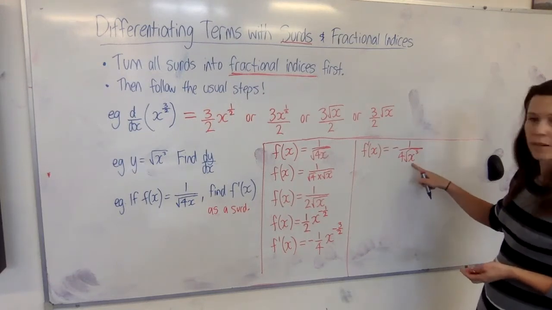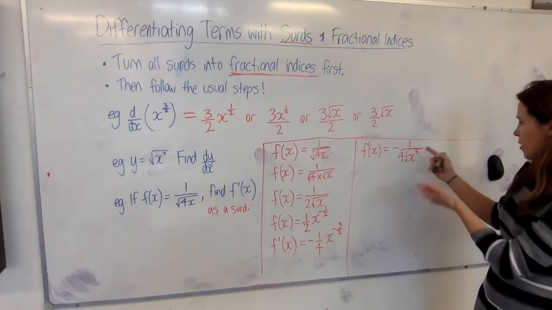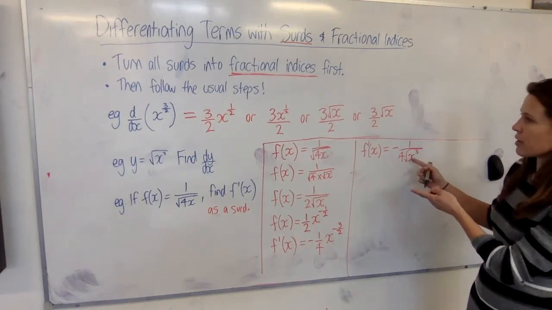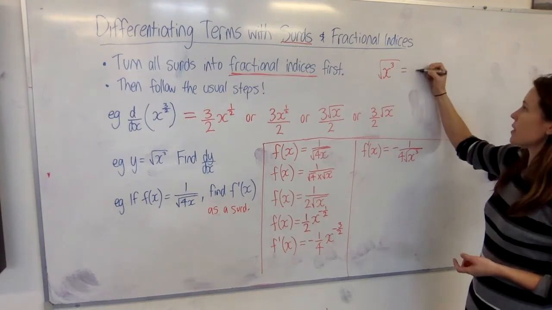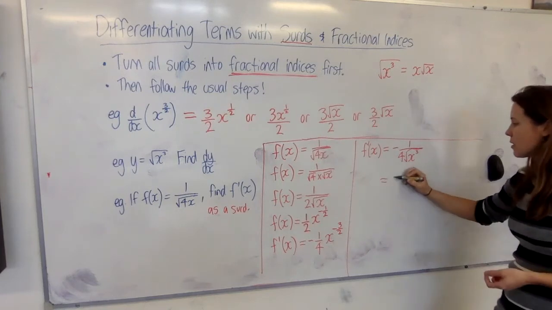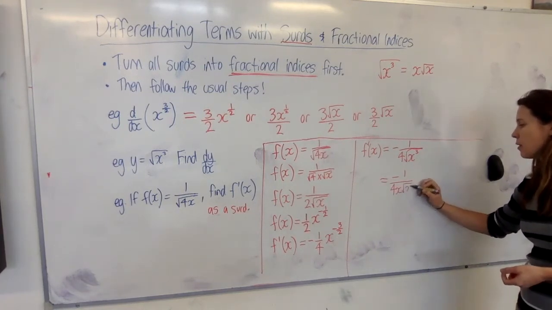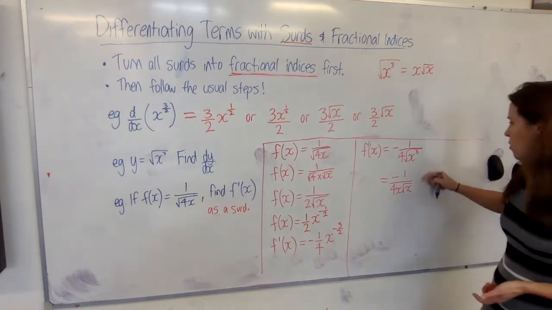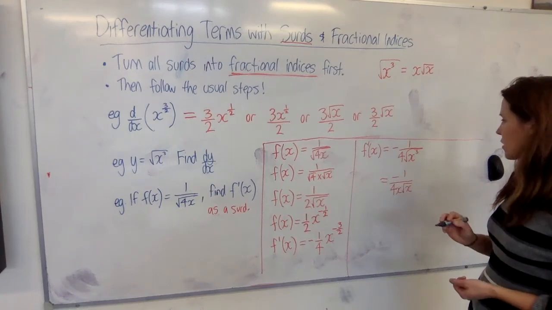And that's a perfectly acceptable way of doing this. It has perfectly good meaning. Don't forget we've already seen that x cubed, all inside a square root, is the same as x times root x. So it wouldn't be wrong to write it as minus 1 over 4x root x. Which one's better? Well, whichever one you've come to first, really. Either of them is acceptable as a finished answer.